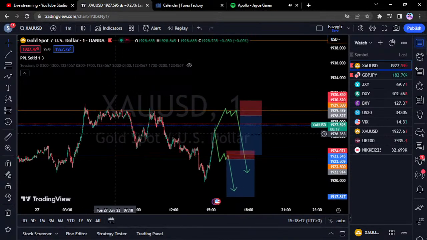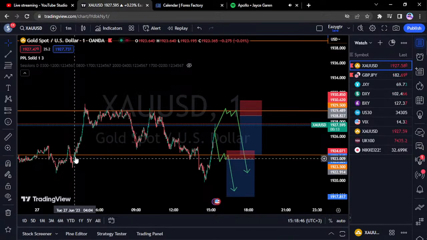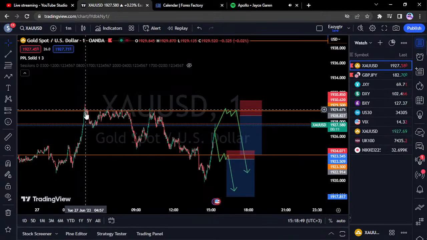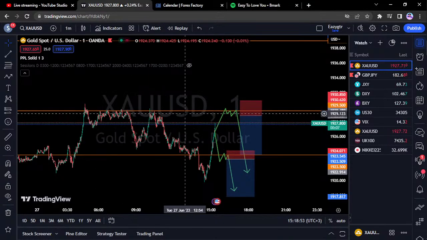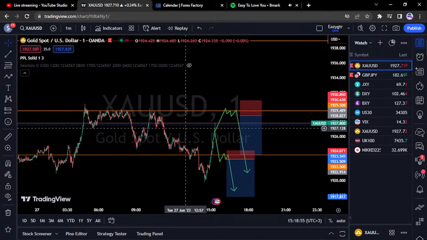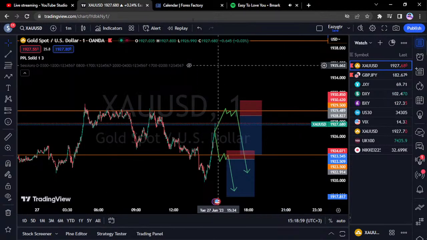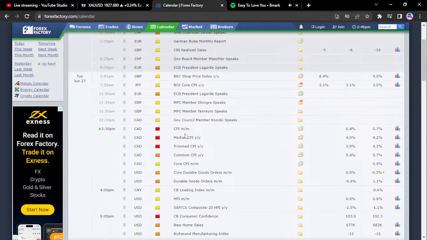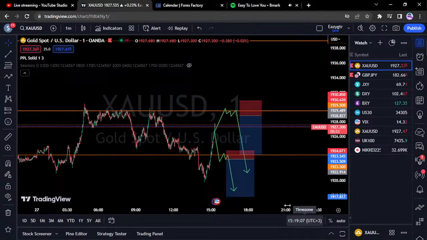As you can see, this happened during London. We had the push all the way to this key level, then price dropped. And why is this? This is because gold is currently getting into a range. And also we have the CPI for Canada in the next 10 minutes.